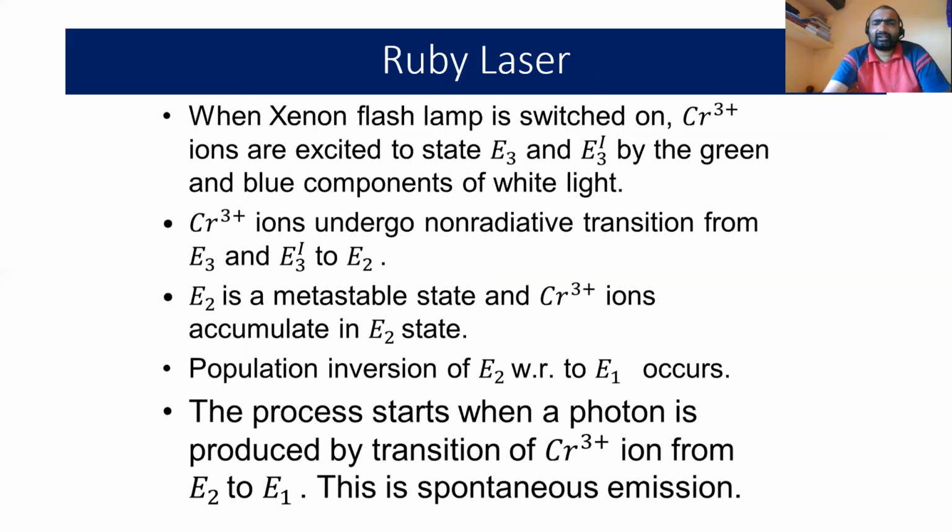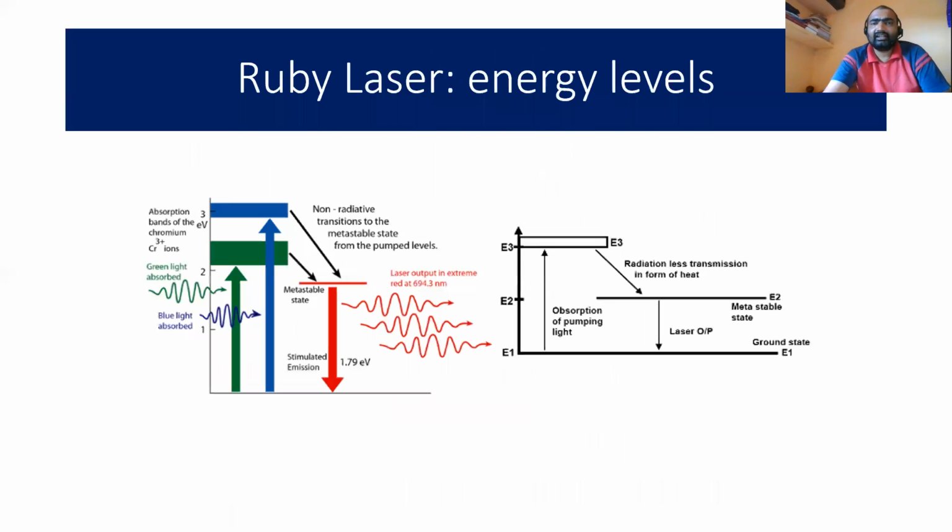The process starts when a photon is produced by transition of a Cr3 plus ion from E2 to E1. This is spontaneous emission.